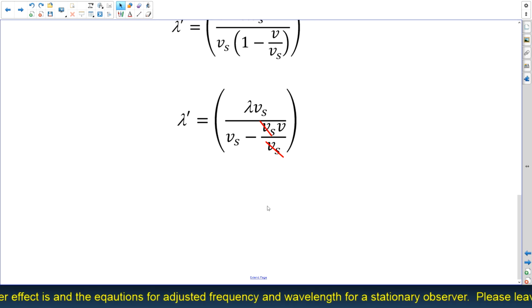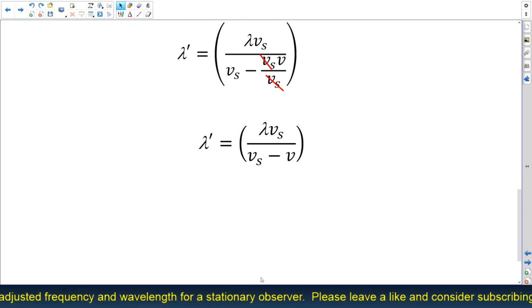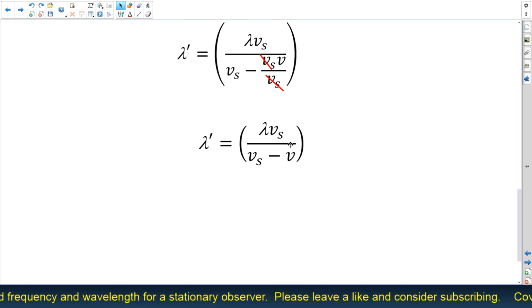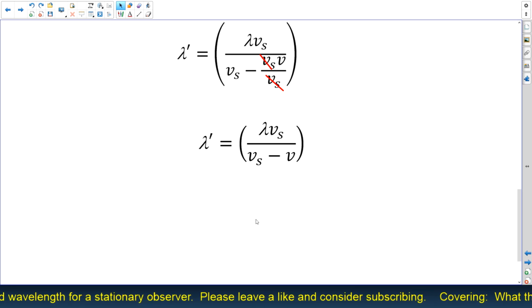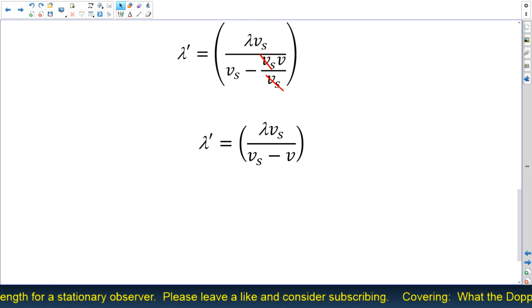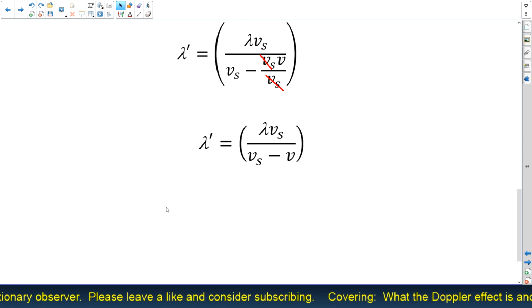Now what I want to do is rewrite that, and I get this. Okay, I've got lambda Vs over Vs minus V. We're so nearly there now. We're going to take lambda outside the bracket so that all of our stuff to do with speed is in a single term.